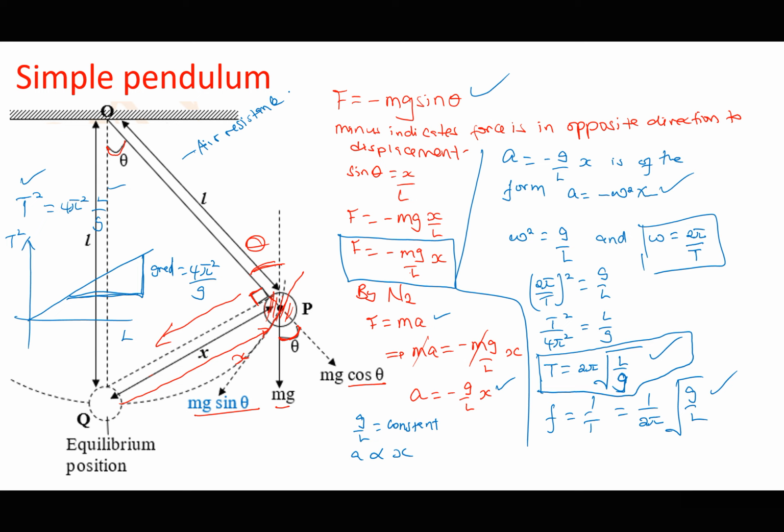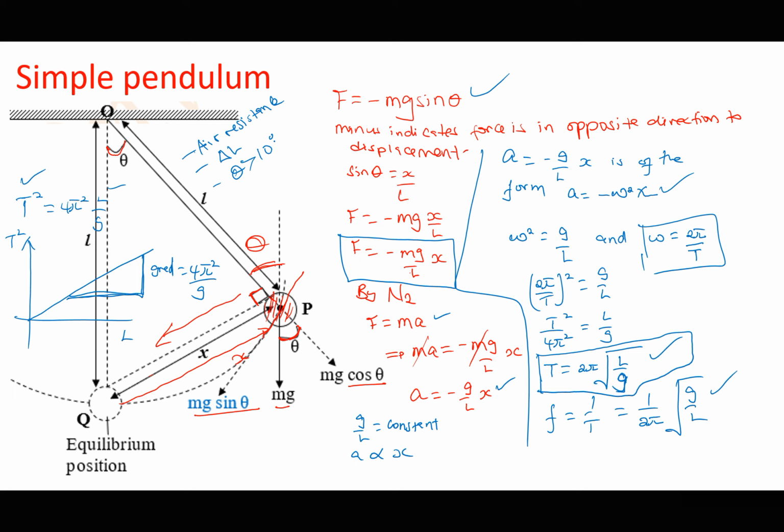Number two, there could be an uncertainty in measuring the value of L. And number three, the angle of swing may be big. If theta is very big, for example, if theta is greater than 10 degrees, then of course we cannot assume that it is a small angle.